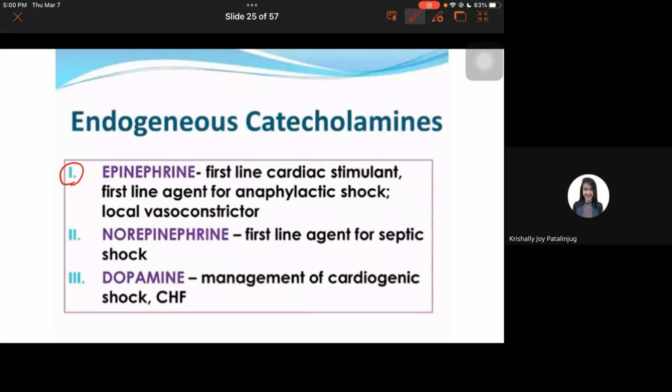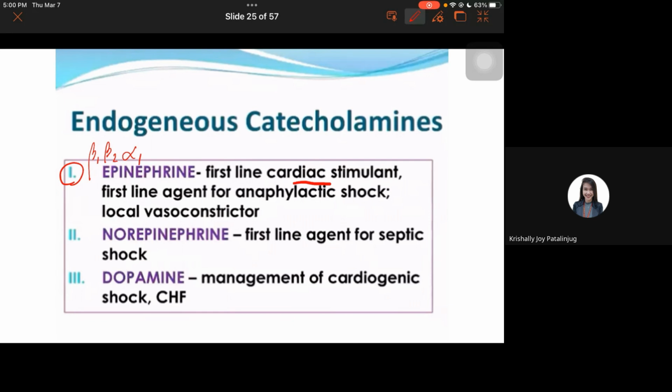So epinephrine, it says here, it is the first line cardiac stimulant. Okay, so this is just reflective to its receptor activation. Di ba? As we all remember, ang epinephrine, meron siyang affinity to beta 1, beta 2, and also alpha 1.